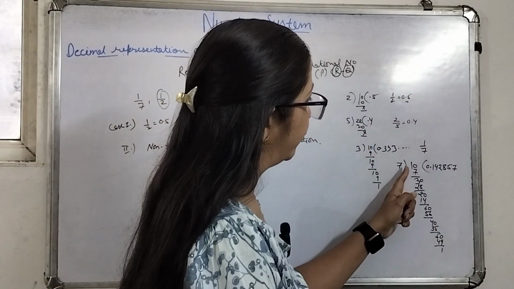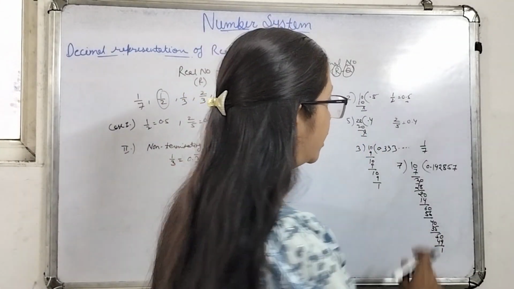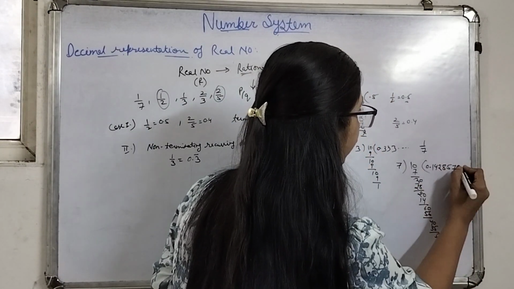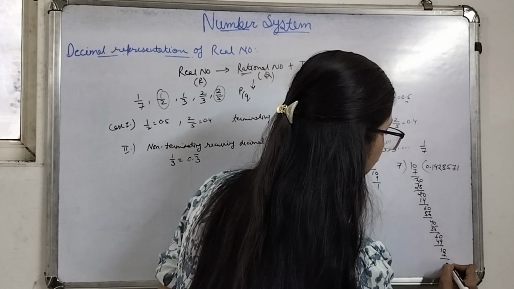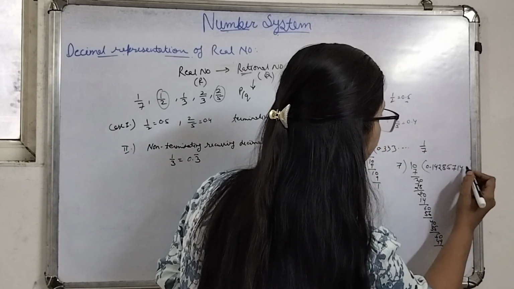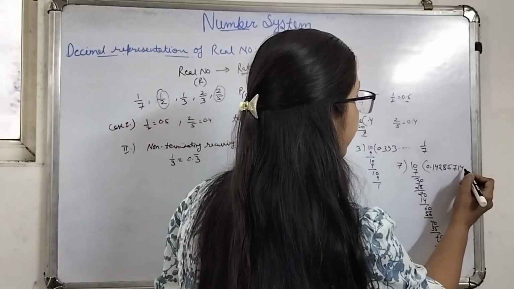See over here, initially it was 1, now 1 has repeated again. So again the same numbers are going to repeat. I'll take 0. 7 1s are 7. Then again over here 3, 0. 7 4s are 28.